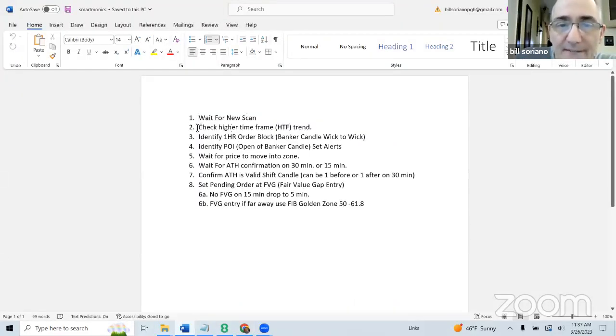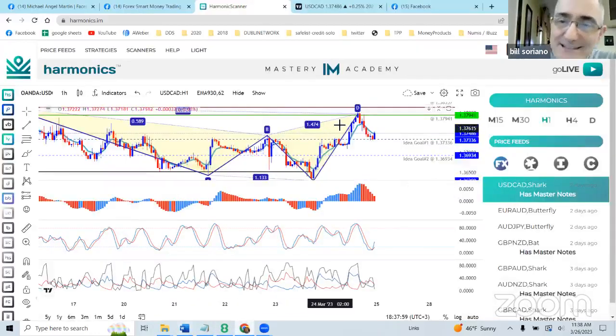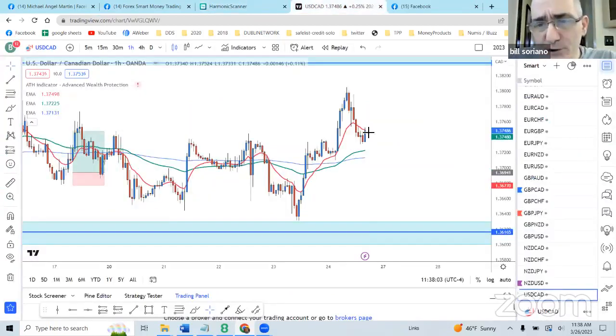We wait for the scan, then we check the higher time frame trend. So guys, I like to stay with the higher time frame trend. So since this scan is telling us to sell, and my higher time frame trend is telling us to buy, I would more than likely pass on this trade.